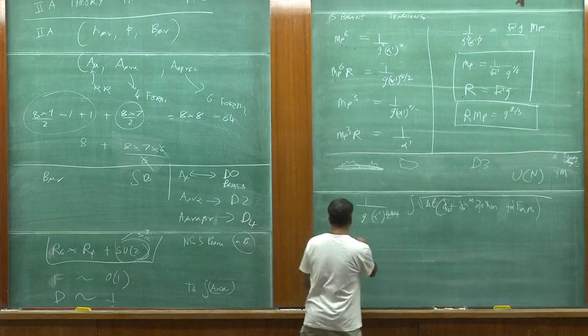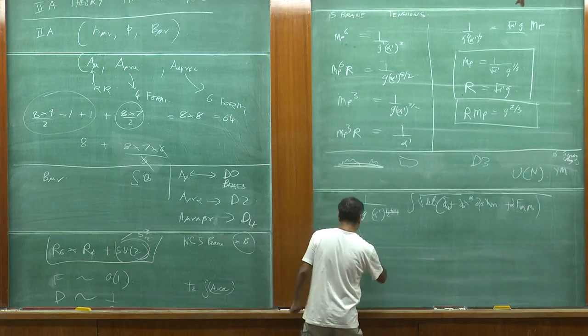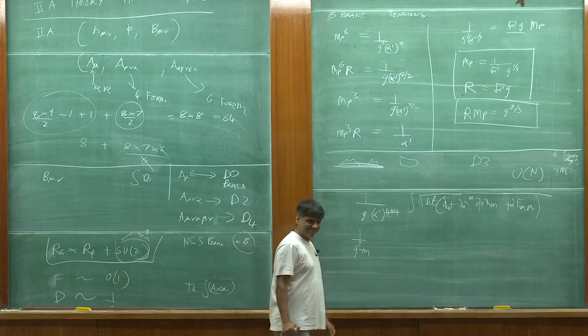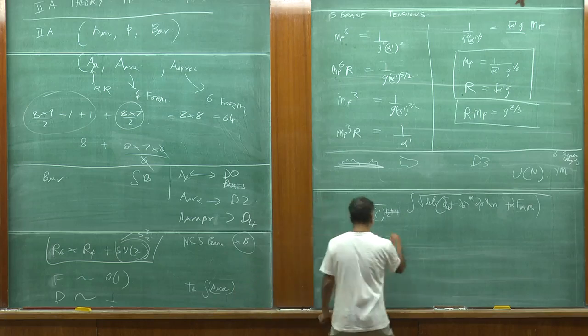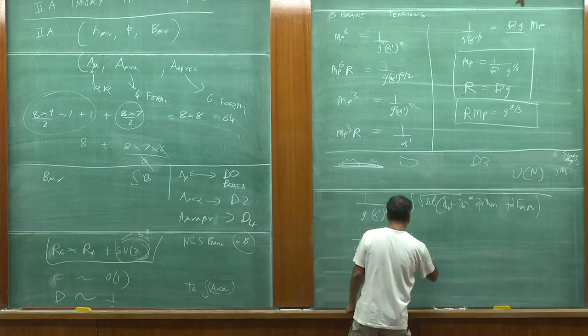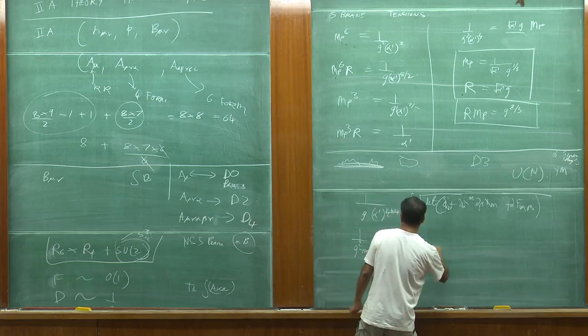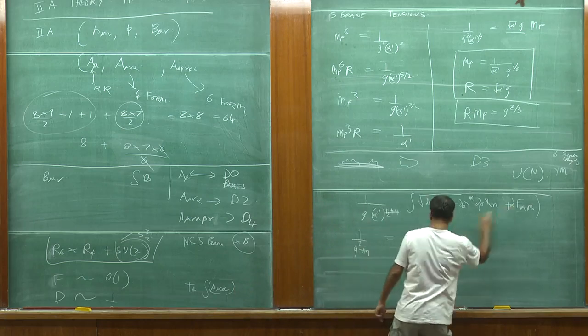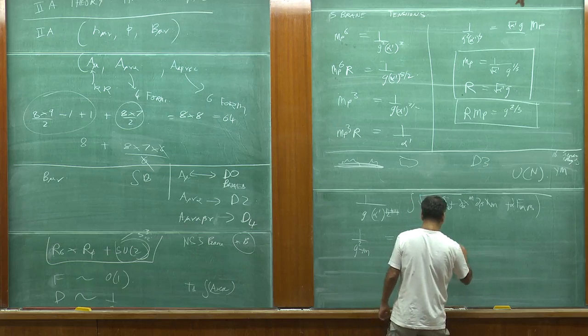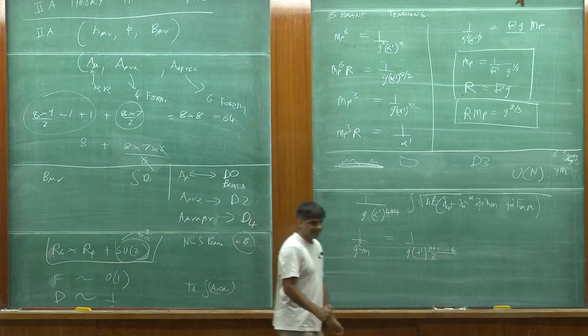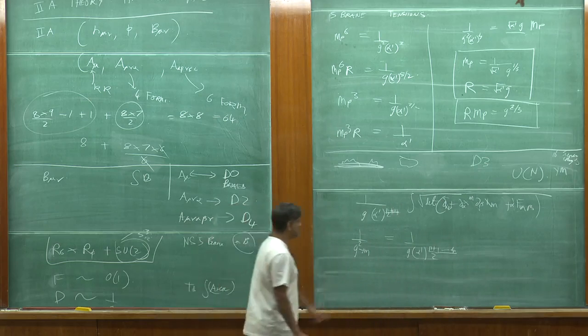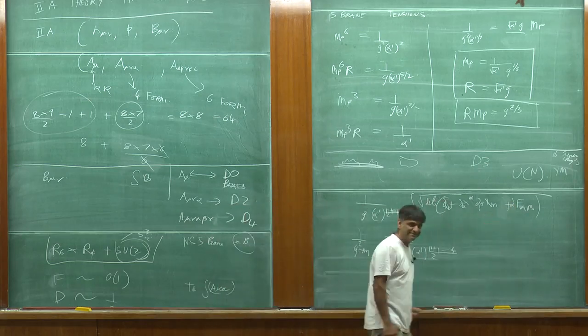That tells you that 1 over g squared Yang-Mills is equal to 1 over g times alpha prime to the power (p plus 1) by 2 times 2 powers of alpha prime from here, so that's minus 4, right? Because the alpha prime came squared.